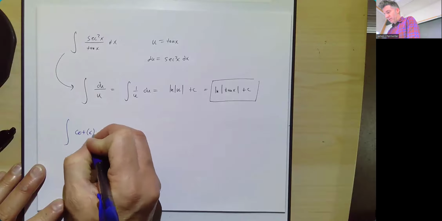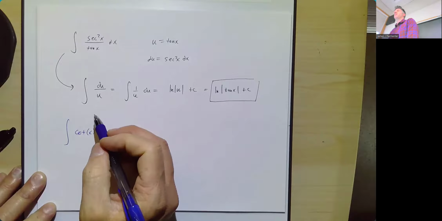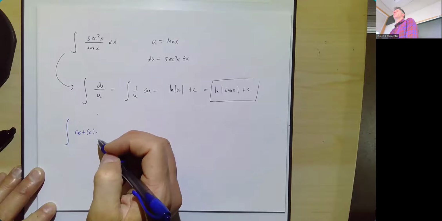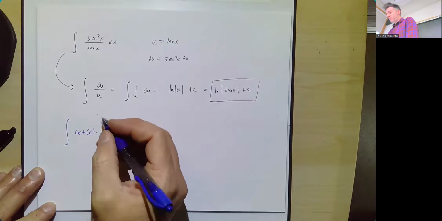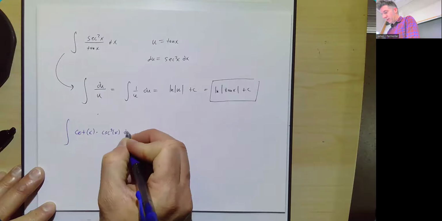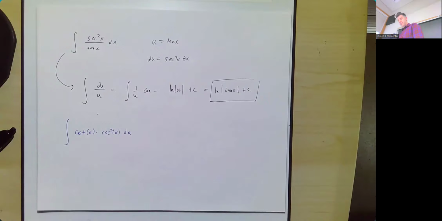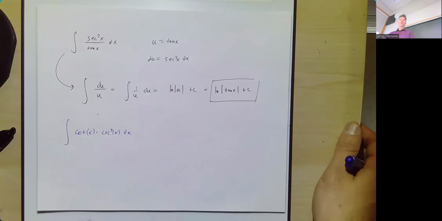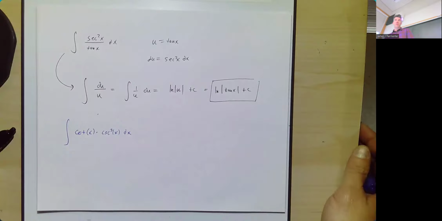Cotangent of x times, let's see, I think cosine, times cosecant cubed of x dx. There's probably a way to make this work with u equal to cosecant or u equal to cotangent.